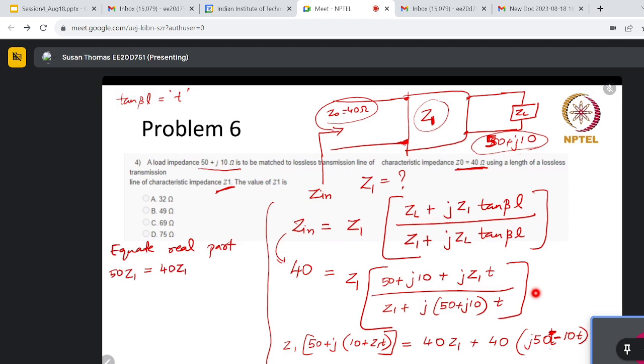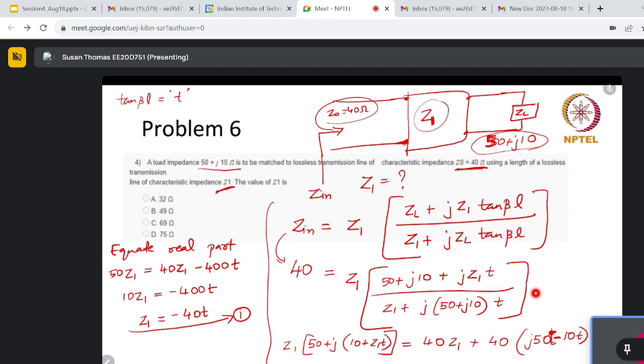And what else do we have as real? Minus 400t, so 40 into 10, minus 400t. Now simplifying this, you will get 10 Z1 is equal to minus 400t, or Z1 is equal to minus 40t. So this is one of the equations.